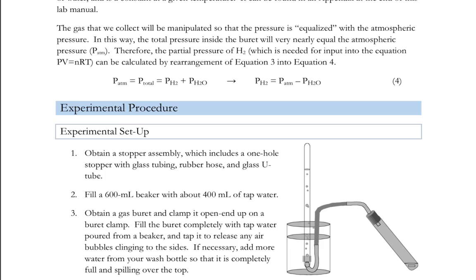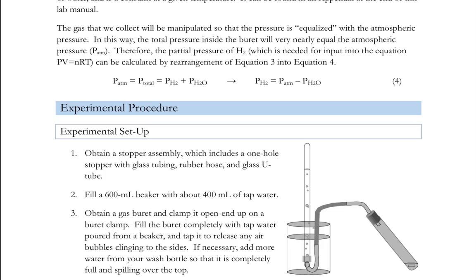Now, back to our PV = nRT equation. We talked about the pressure. We will measure the atmospheric pressure, and the atmospheric pressure will turn out to be the total pressure, P total, that is in our burette, which is equal to the pressure of just the H2, that's the one we want, plus the vapor pressure of water.